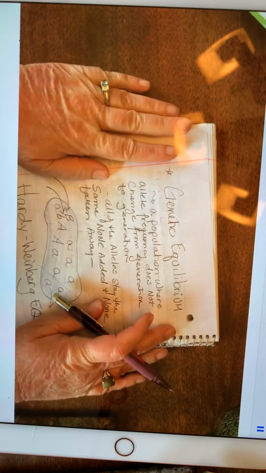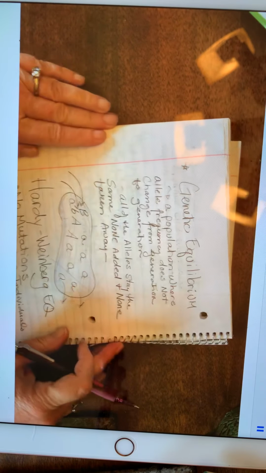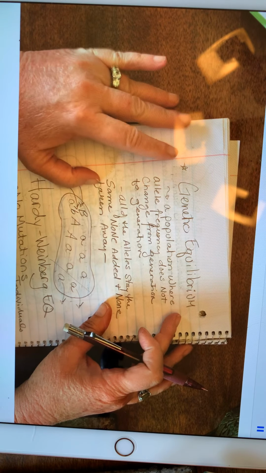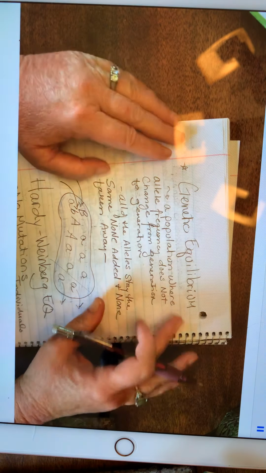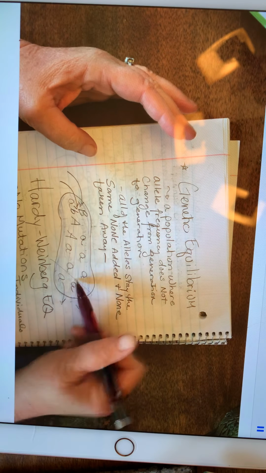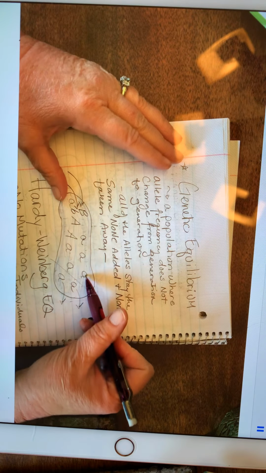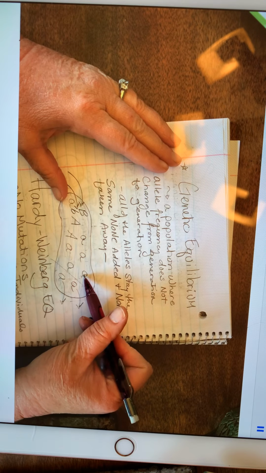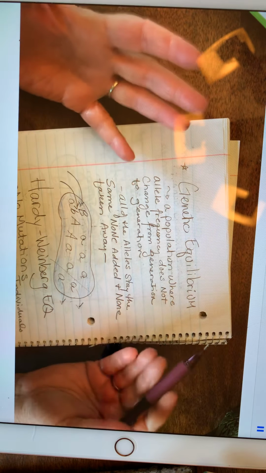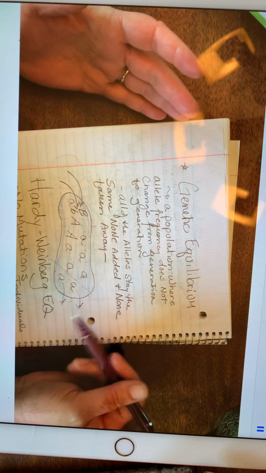Okay, so those guys, Hardy and Weinberg, they came up with this idea of genetic equilibrium. Genetic equilibrium is this hypothetical population that doesn't really exist, where from generation to generation, the genes in your gene pool don't change. And that would be an equilibrium because everything is staying equal from generation to generation.